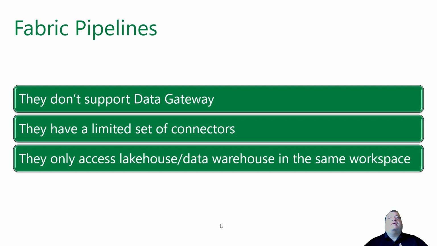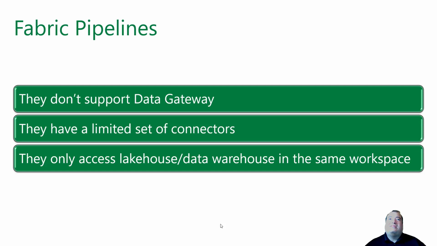I personally get annoyed with this because I don't like to mix things. I would like the possibility to organize things and separate one workspace for the pipeline, one workspace for the lakehouse, and so on. The pipelines are only capable of accessing the lakehouse if the lakehouse is in the same workspace.